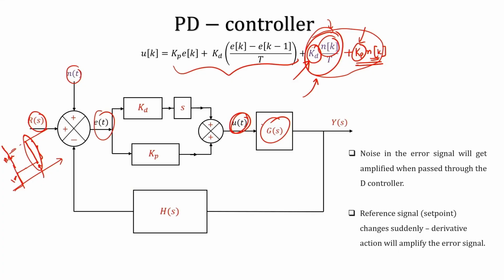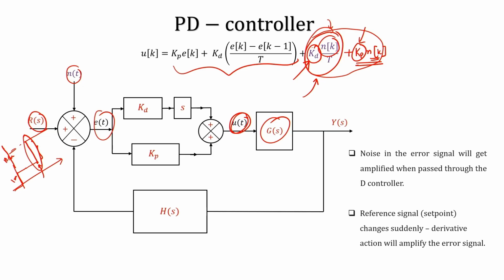If d/dt, if you do a differentiation there, those are the points where there will be big spikes at the output, which might actually damage the system, because the system might not be able to handle these big jumps. So, what I am trying to say is that when you use a PD controller, there is a problem with noise and sudden change in reference, and that needs to be taken care of.